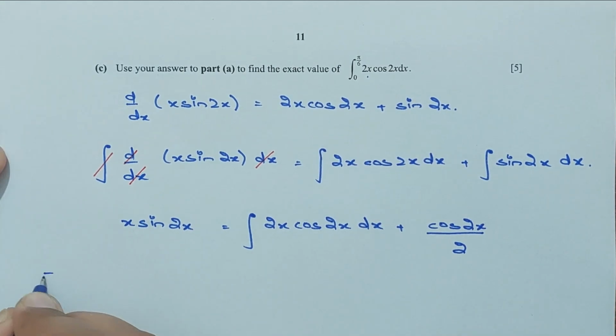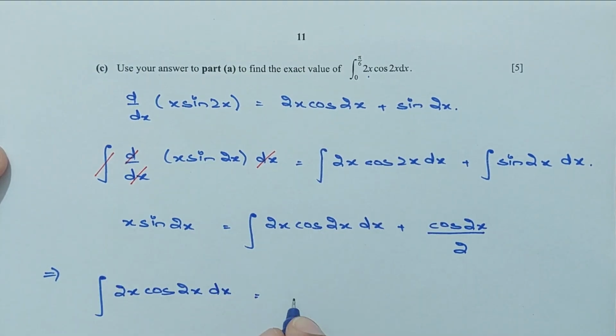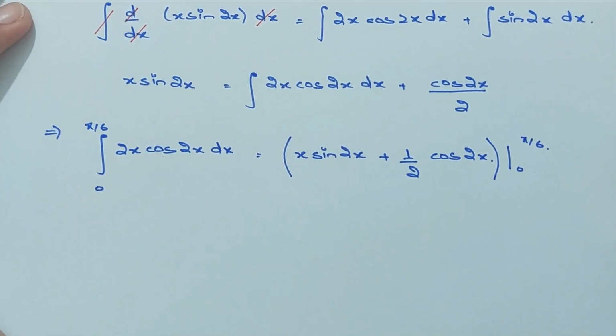So here we can say the integral of 2x cos 2x dx equals this minus this, which is x sine 2x plus 1 by 2 cos 2x. Now it is a definite integral from 0 to pi by 6, so we have to put in the limits from 0 to pi by 6. We have to find the exact value of this integral.